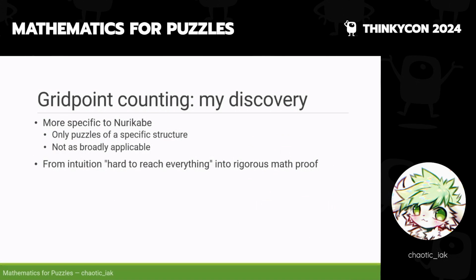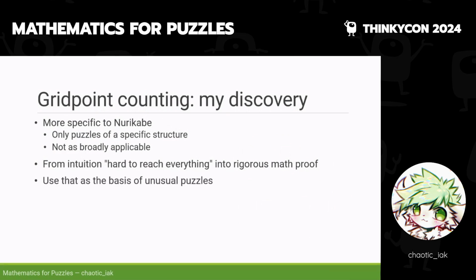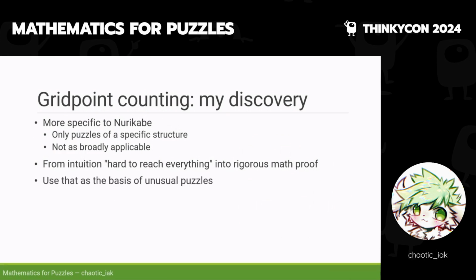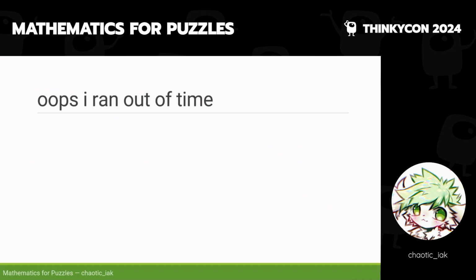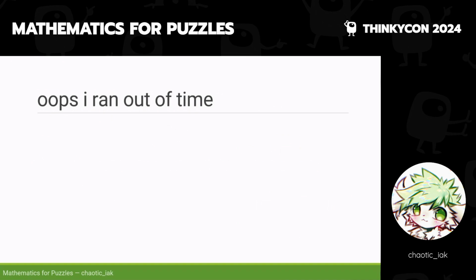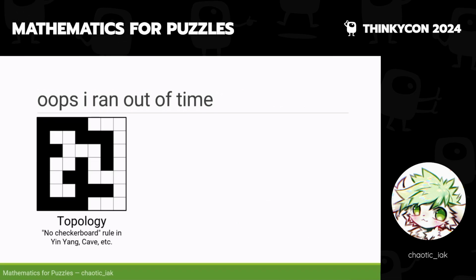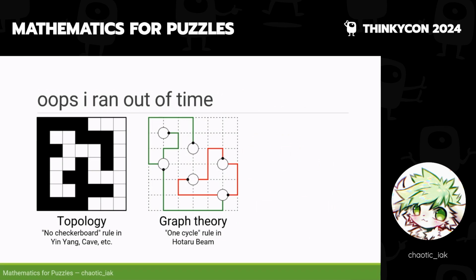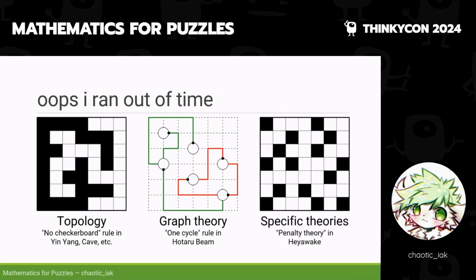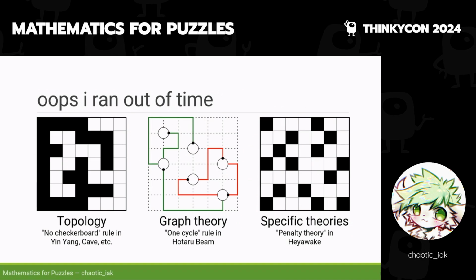Because I have a math proof, I am confident it is correct, I can make use of it for puzzles. And there are a lot of other examples in the logic puzzle community and even in games. Like you can use topology, you can use graph theory, and similar to grid point counting, there are a lot of different kinds of arguments as well.